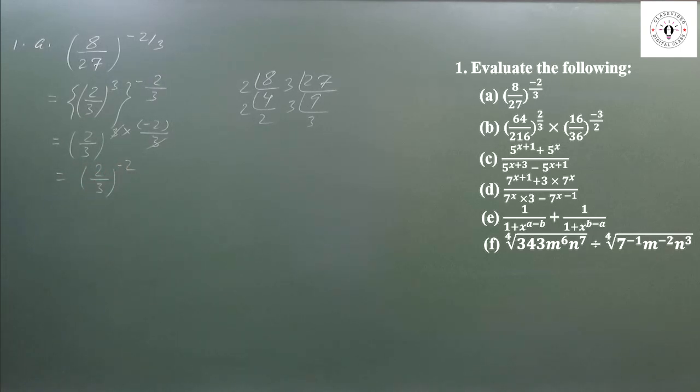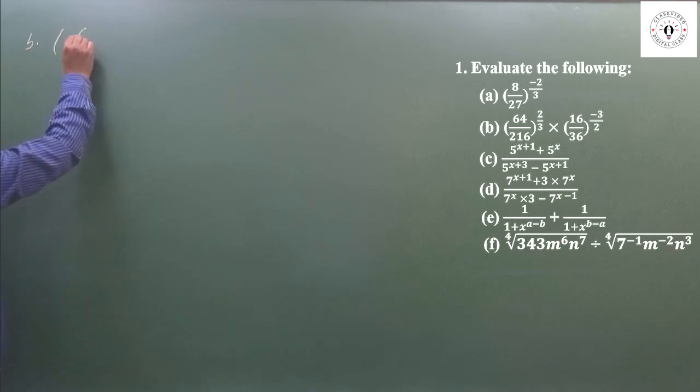And you know that sign of power will be changed when we write numerator into denominator or denominator into numerator. So this becomes 3 by 2. I have written denominator to the numerator, numerator to the denominator to change the sign of power, whole square. 3 square means how much? 9. 2 square means how much? 4. So this is 9 upon 4.